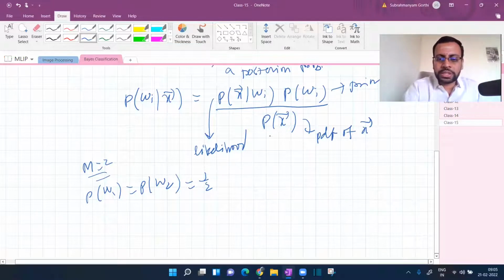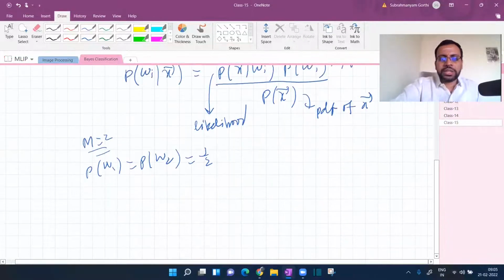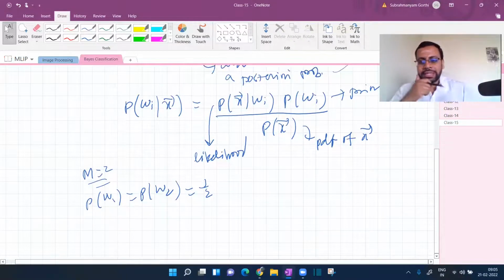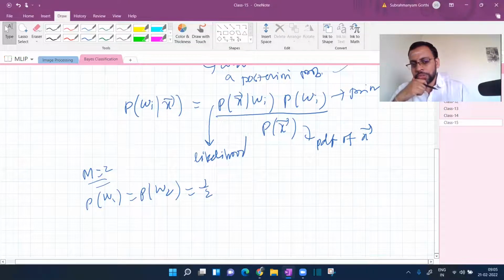As we mentioned earlier, it is the maximum a posteriori probability. When you consider that the prior probabilities are equal, and anyway the PDF of x bar doesn't depend upon to which class you are going to assign, that's going to be the same irrespective of to which class you would assign x bar.